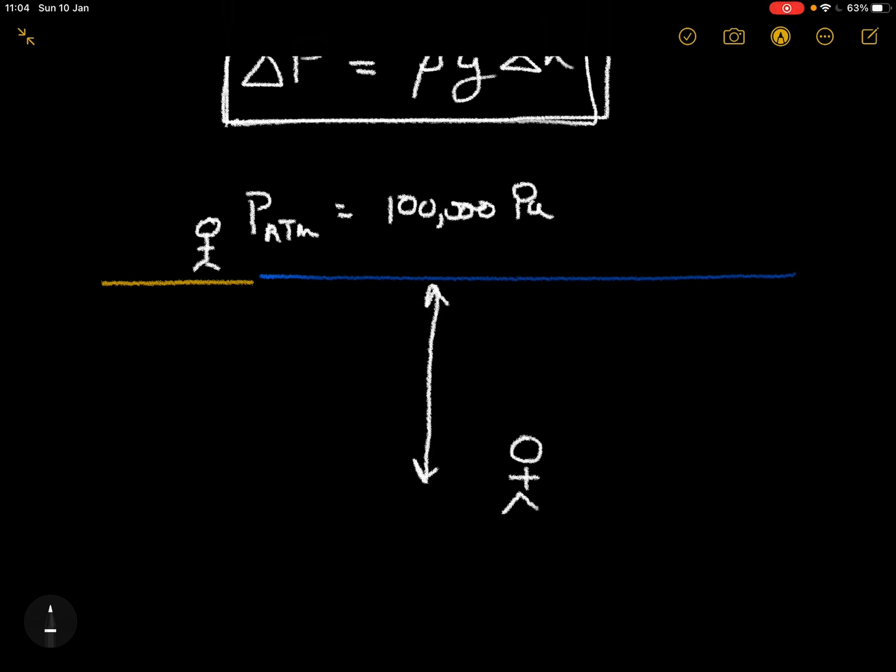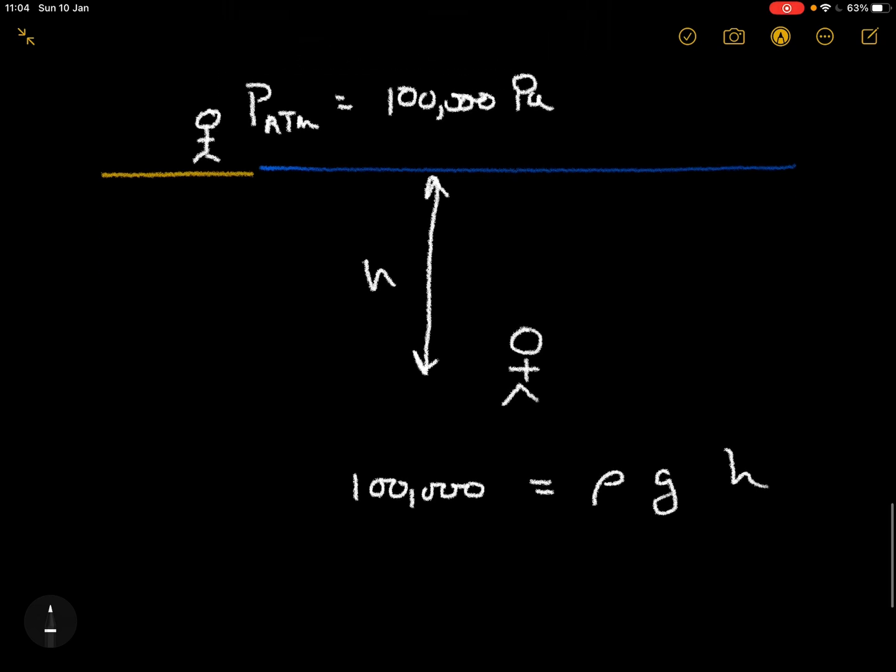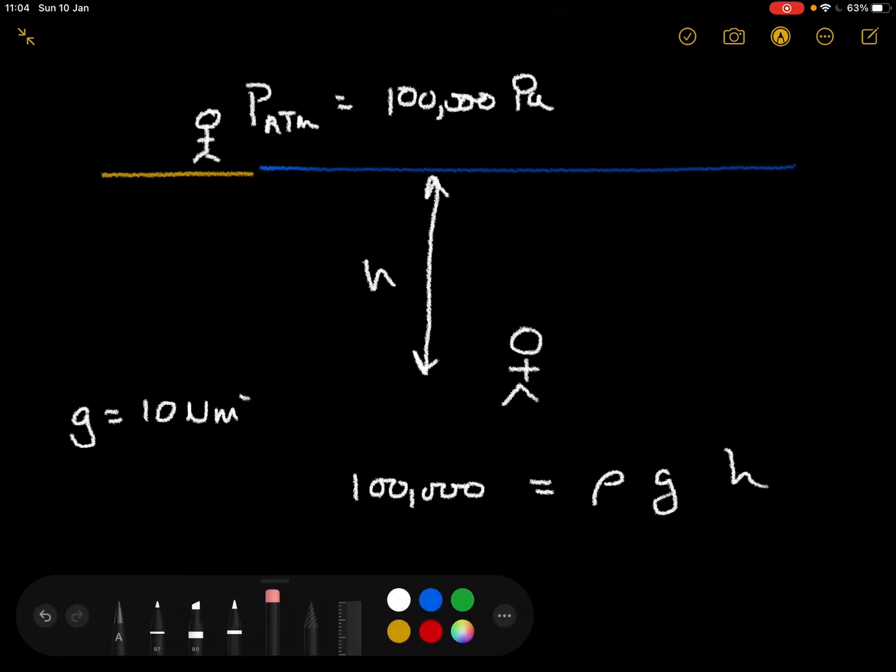What height do you need underwater to achieve the same amount? Well, we want 100,000 pascals to equal rho g h. For simple things, we'll say that g equals 10 newtons per kilogram.